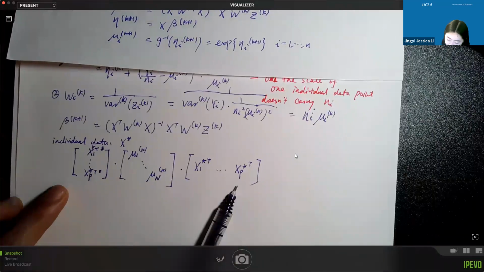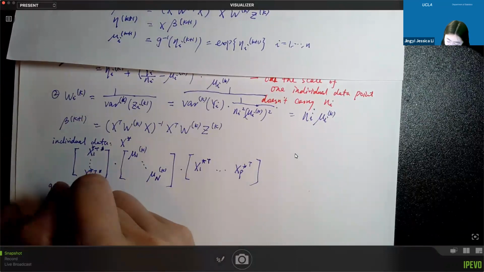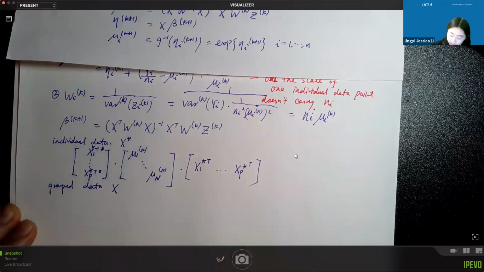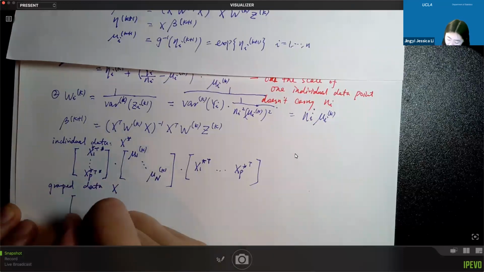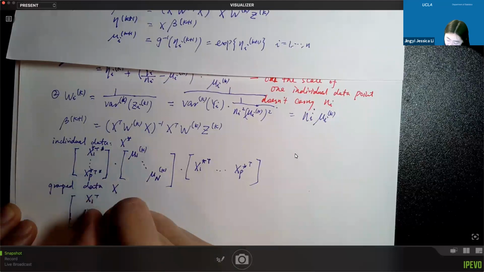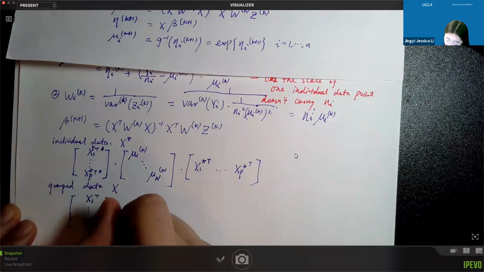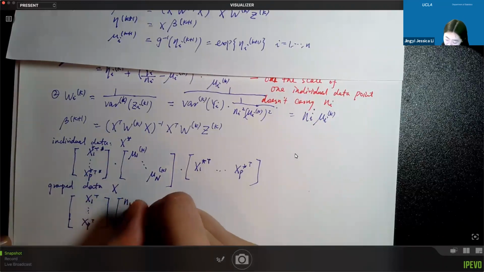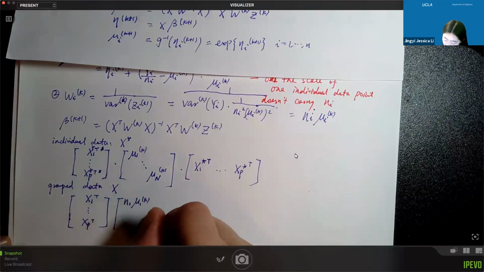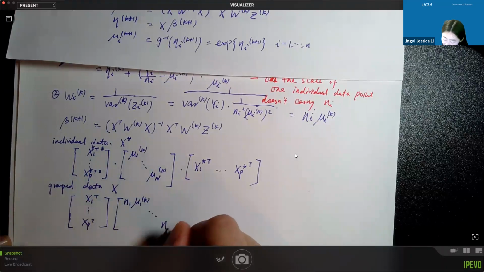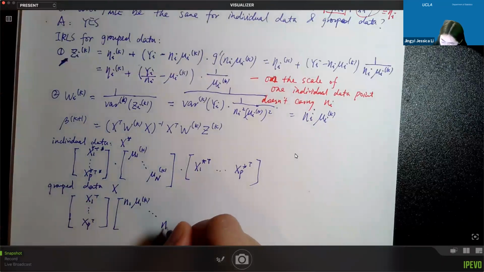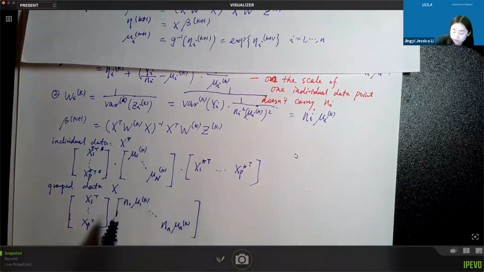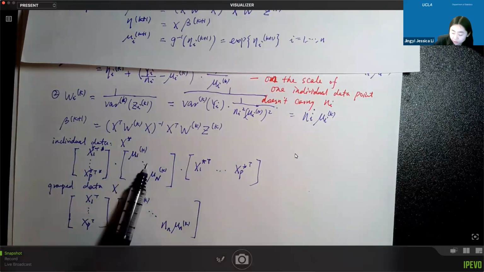And then if you compare this to group data, what I would have is XI transpose to XP transpose. Now the weight matrix becomes N1 mu 1K to NN mu NK. And each of them is just a few of them with a sum.